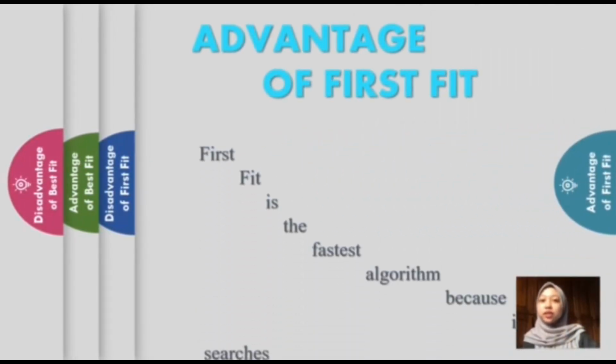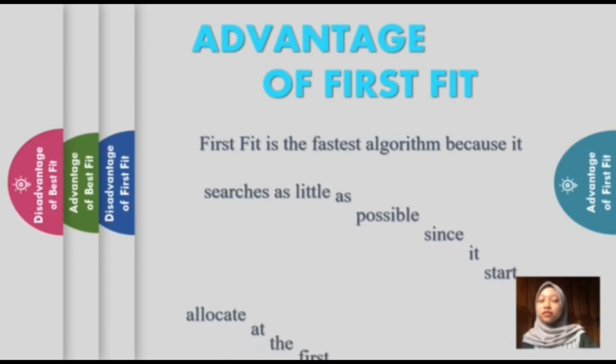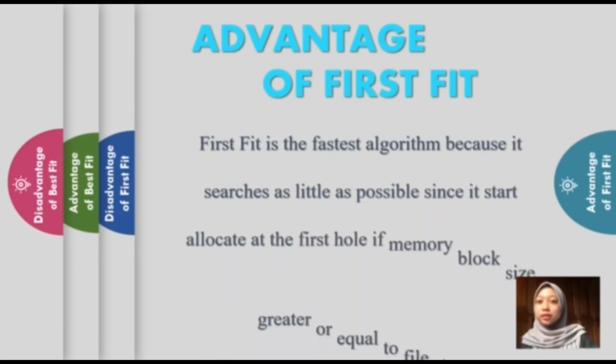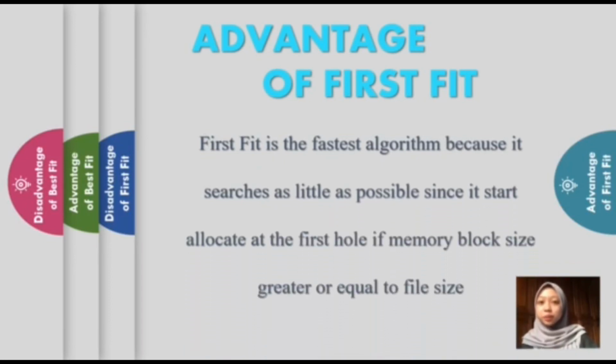First, the advantage of first fit is that it is the fastest algorithm because it searches as little as possible, since first fit will start allocating at the first hole if the memory block size is already greater than or equal to the file size.